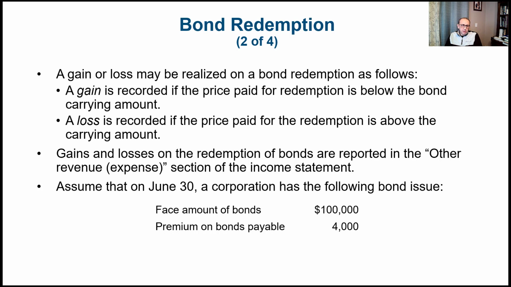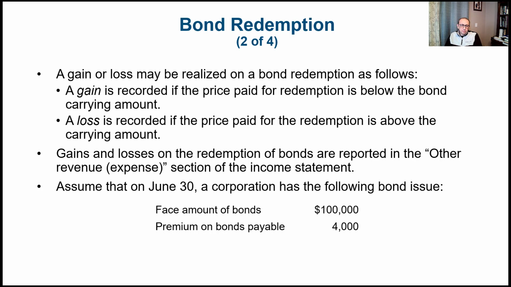A loss, on the other end, is recorded if the price paid for the redemption is above the carrying amount. So we paid more than its book value. And here we're talking about the company buying back its own bonds. So they might have to pay a little bit higher compared to its book value, and in this case they will be facing a loss. So gains and losses on the redemption of the bonds are reported in the other revenues and expense section of the income statement.